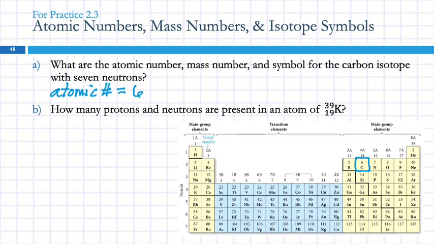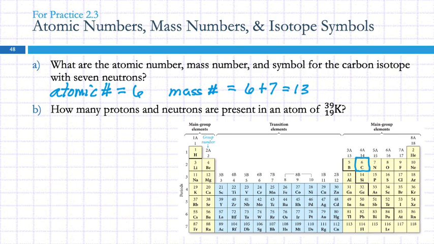And then it asks for the mass number. The mass number is the sum of the protons and the neutrons. Well, they told us that this one has 7. So the mass number will be the atomic number, the number of protons, plus the number of neutrons.